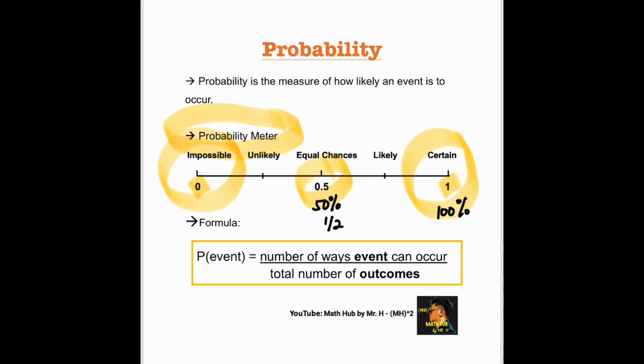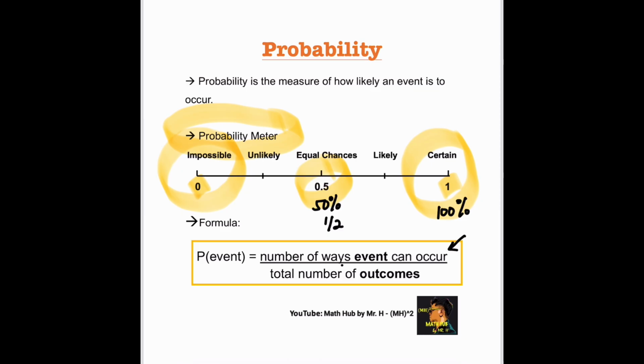All right, so the formula that we need to use to calculate probability is: probability of an event is equal to the number of ways the event can occur divided by the total number of outcomes. Let's talk about the numerator first.